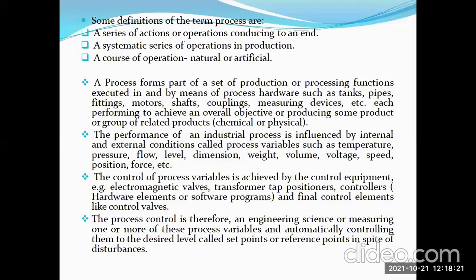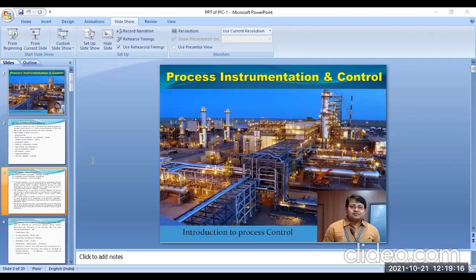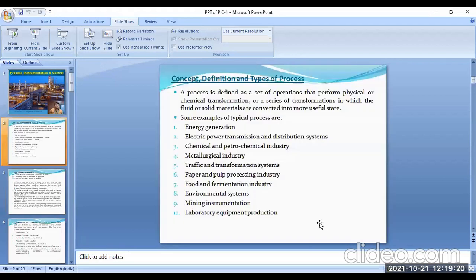In these mining industries, we have to use different types of instruments, whatever we use in this technique, that is process instrumentation and control. Then, last, laboratory equipment production, where different types of lab-oriented equipment are manufactured.